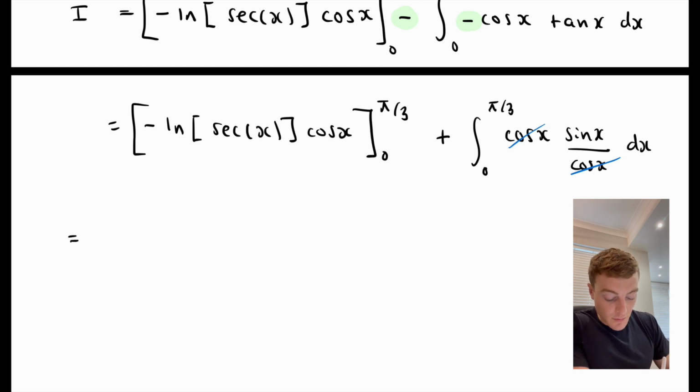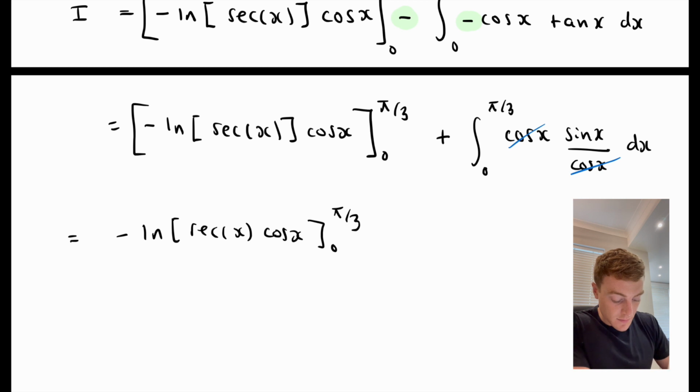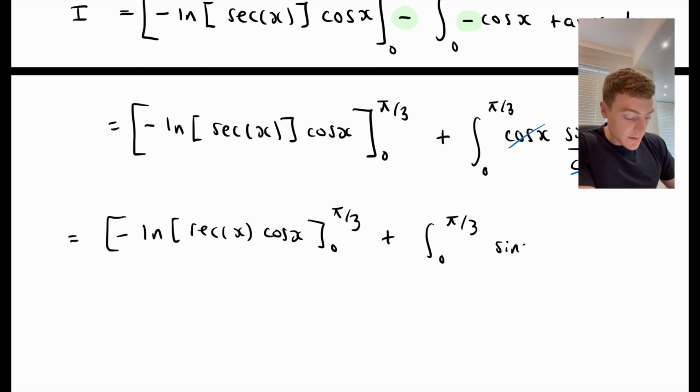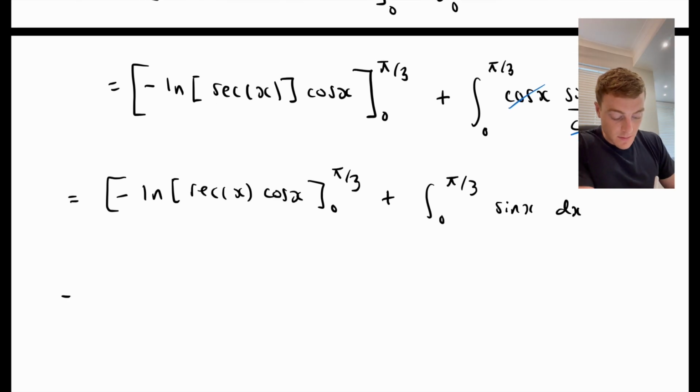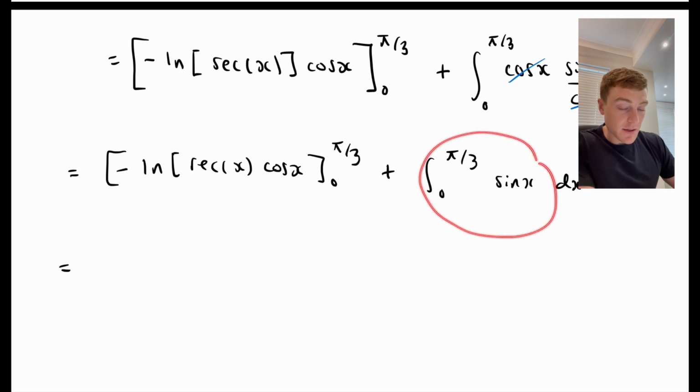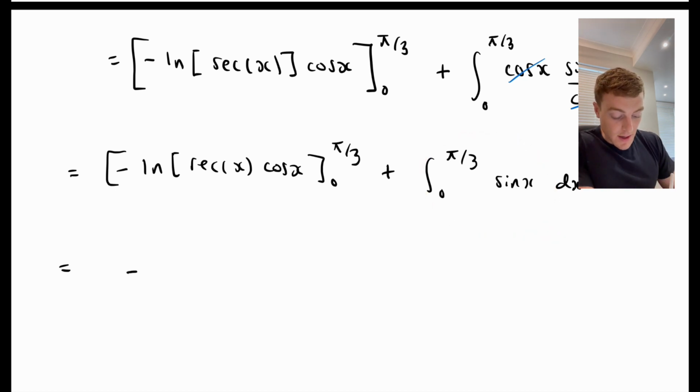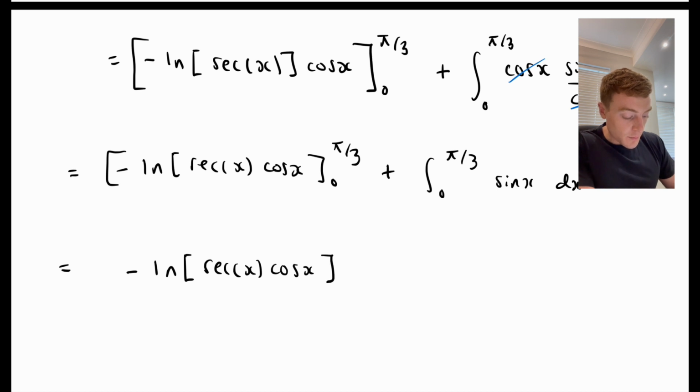So tidying things up even more, we get minus ln plus the integral of sin x dx, which we found earlier is negative cos x using my trick. So we get minus ln of sec of x times by cos x, take away cos x, and then all of that is evaluated between 0 and pi over 3.